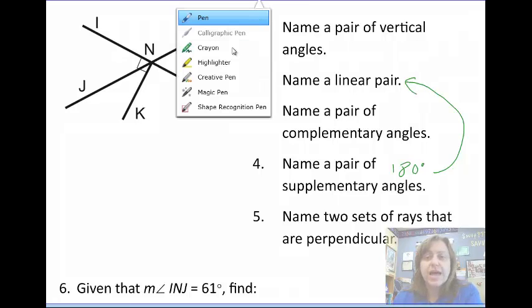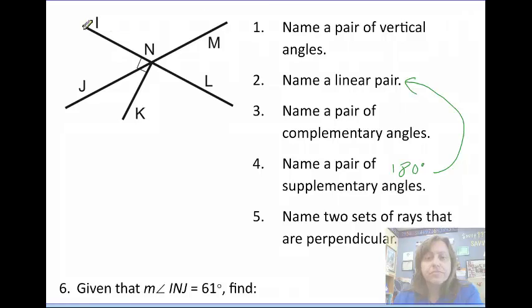So let me re-highlight a line. Let's take this line for our example. And can I find two angles? I'm going to use these two angles here at the top for that linear pair. So here's my first angle, and my second angle is here. What are their names?